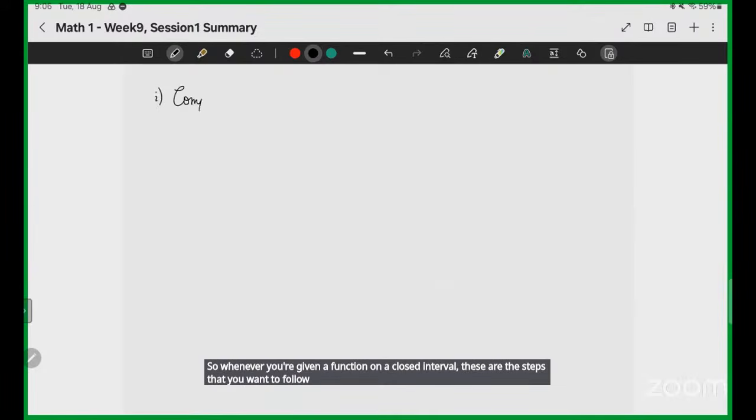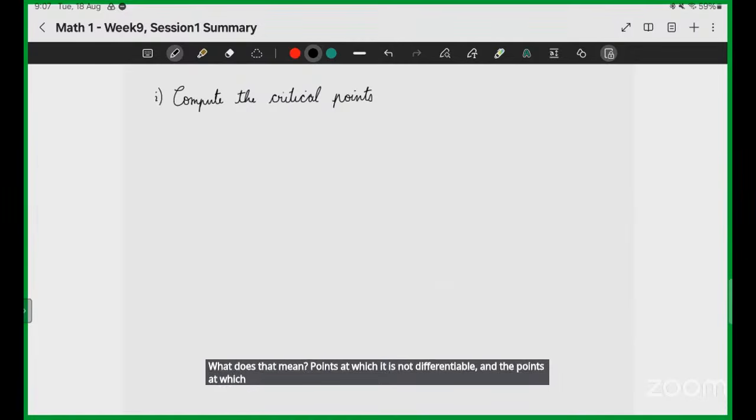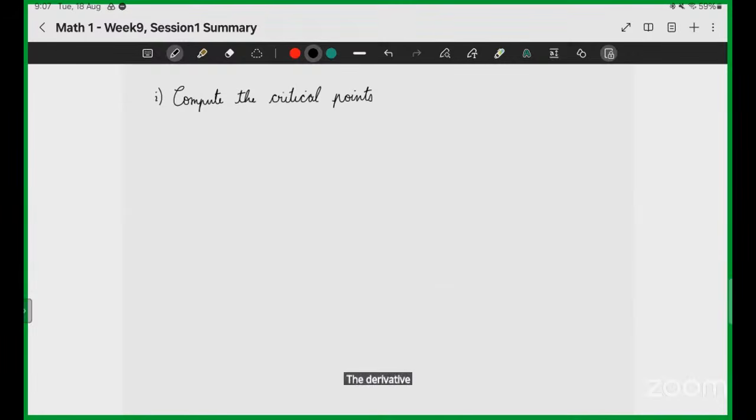Compute the critical points. What does that mean? Points at which it is not differentiable, and the points at which the derivative vanishes if it's differentiable.